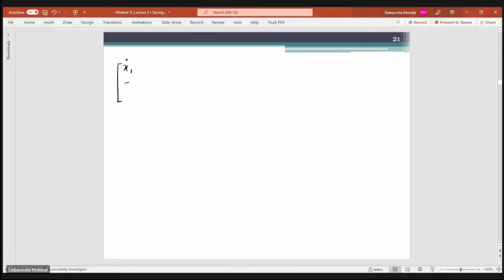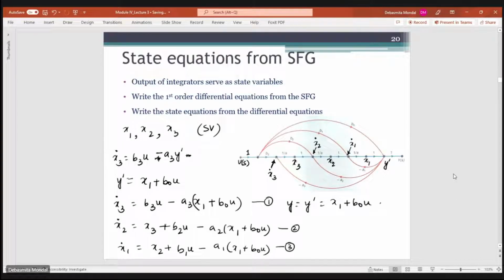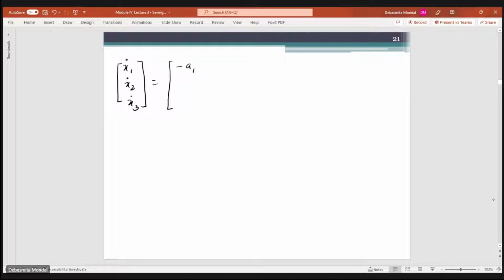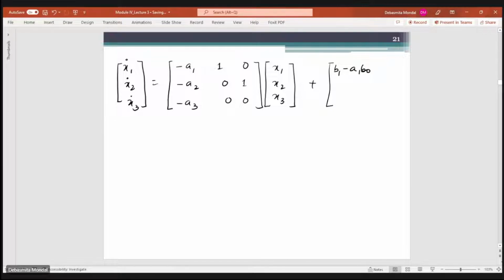On the left hand side you will have x1 dot, x2 dot, x3 dot, equal to the matrix with rows minus a1, 1, 0; minus a2, 0, 1; minus a3, 0, 0, multiplied by x1, x2, x3. And for the input you have b1 minus a1 b0, b2 minus a2 b0, b3 minus a3 b0 multiplied by u. The output equation is y equals 1, 0, 0 times x1, x2, x3.